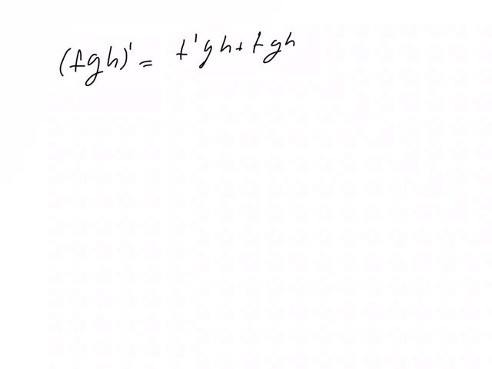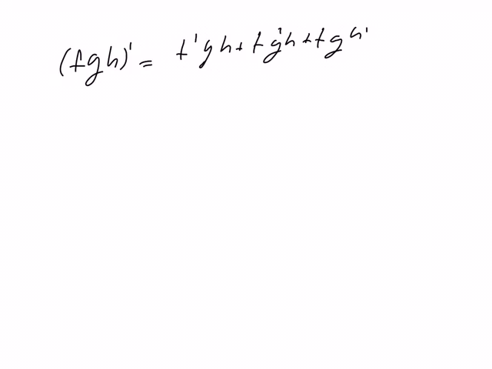This is a proof, so the question really is, do I want to do this? But why not, it might help. I have (fgh) prime, and I want to prove that this is equal to f prime gh plus fg prime h plus fgh prime.